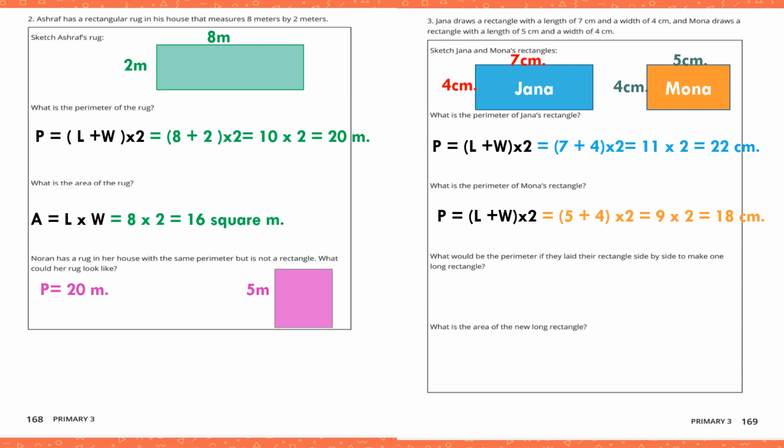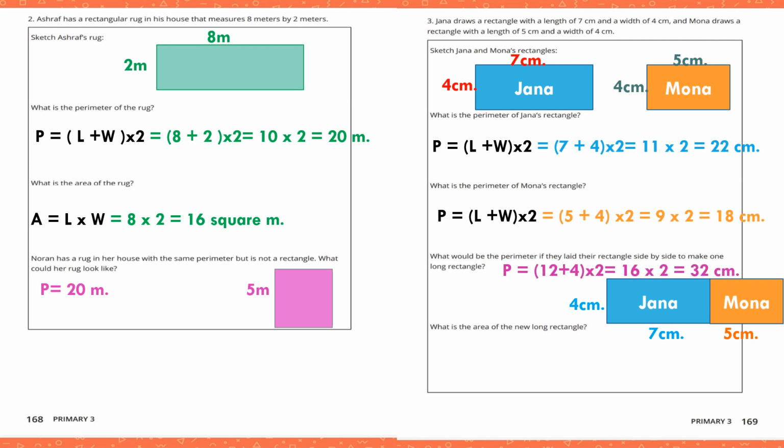But what would be the perimeter if they laid the rectangles side by side to make one long rectangle? The length will change. It will be 7 plus 5, and the width remains the same, 4. So what is the new perimeter?